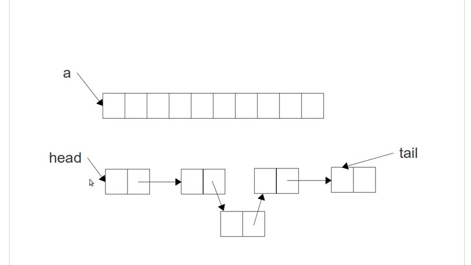Well, in a singly linked list, adding to the end is only fast if you know the tail. If I know the tail and I want to add to the end, then I can simply make myself a new node and link it in, then change the tail pointer. And boom, we're done.